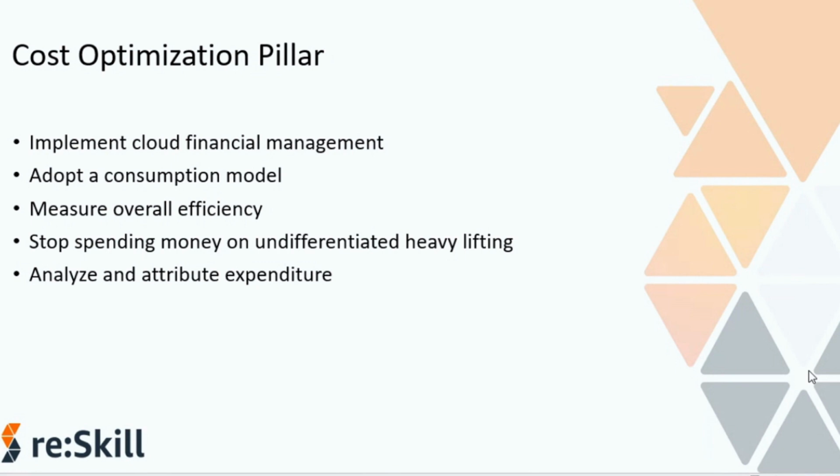Moving ahead, the next important design principle is measuring overall efficiency. You should always try to see whether your resources are properly sized or not, or whether what you are paying for and what you are utilizing are the same or not.